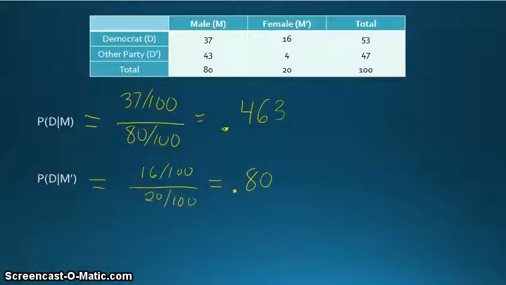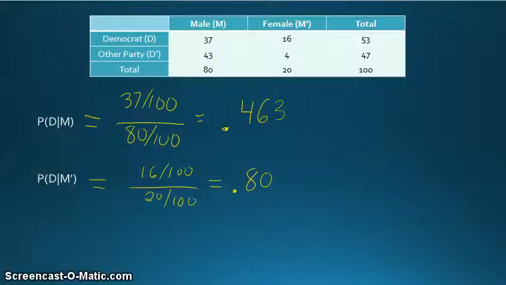The probability of being a Democrat given that a senator was not male was 0.80. So here, knowing whether or not the senator is male changes the probability that they're a Democrat. So these are a situation where the events are not independent of each other. Information about whether or not the senator is male changes the probability that they're a Democrat.